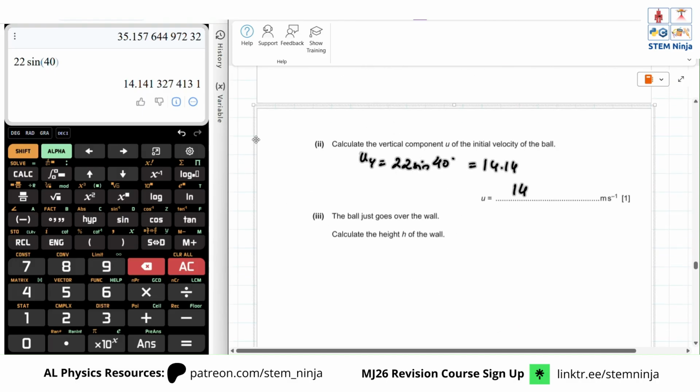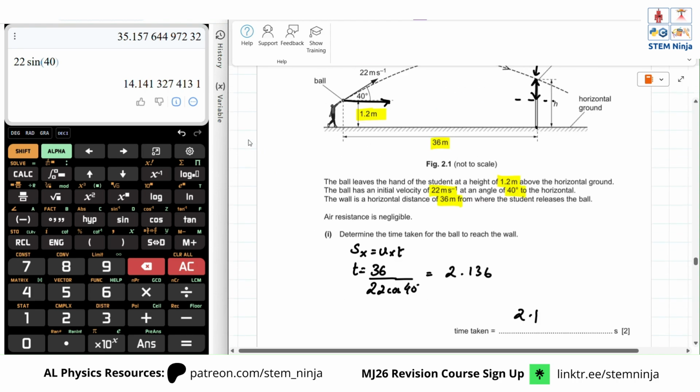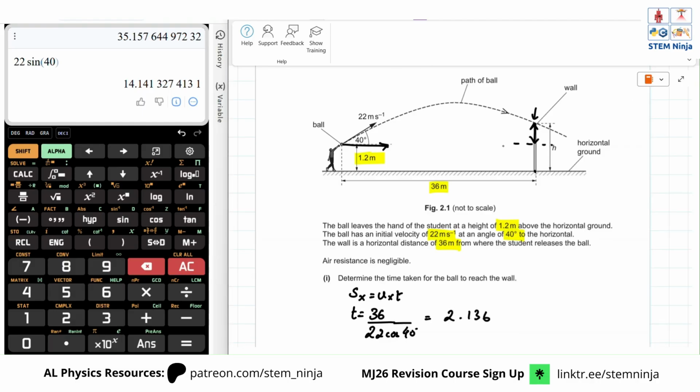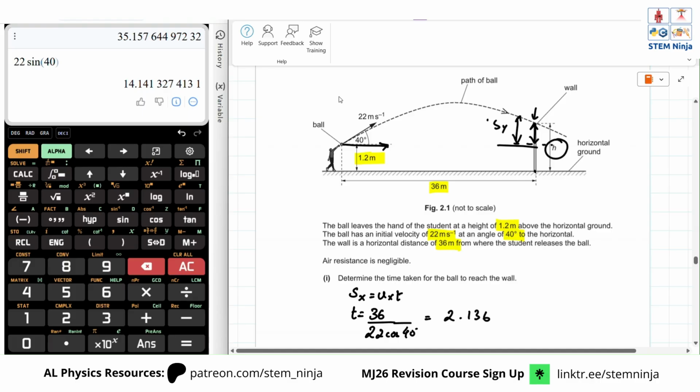Calculate the height h of the wall. Okay, so we know the time when it basically makes it over the wall. We can find out the net displacement at this point, at this time, and then we can add it on the 1.2.